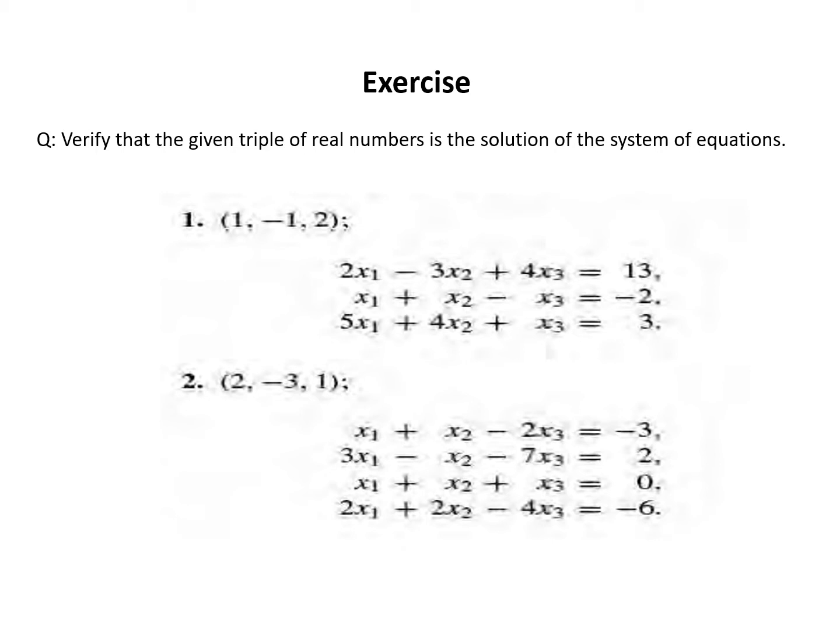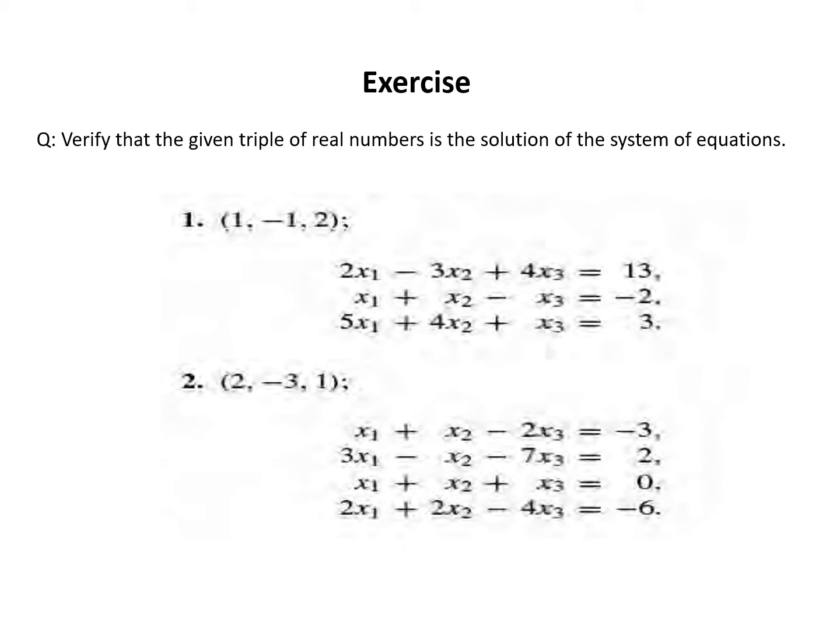So the left hand side values are equal to the right hand side values. So the triple 1, minus 1, 2 is the solution of this example.